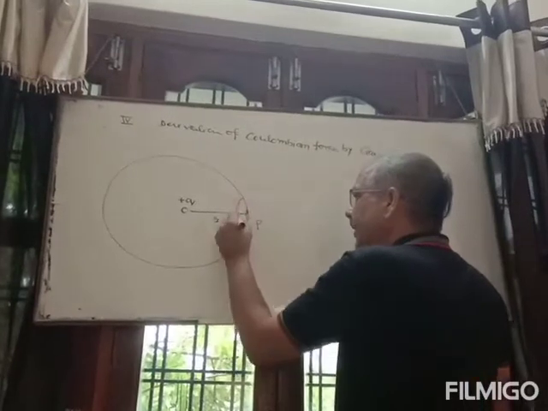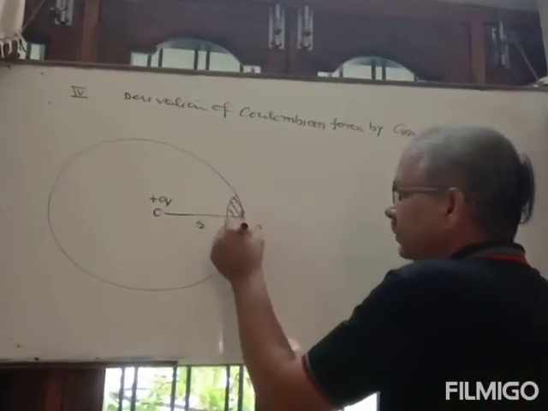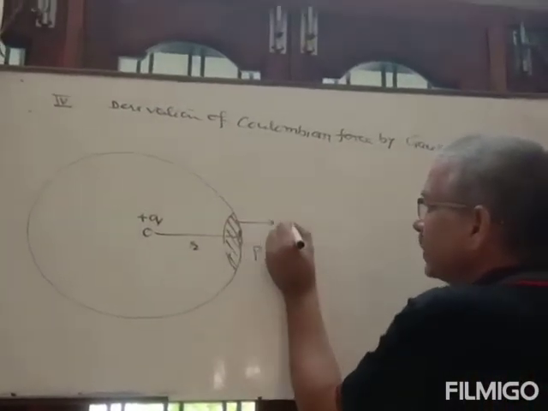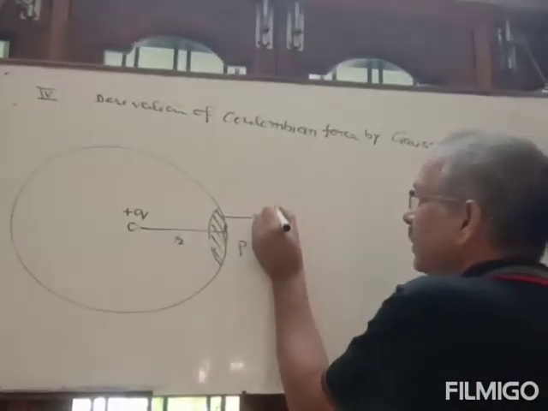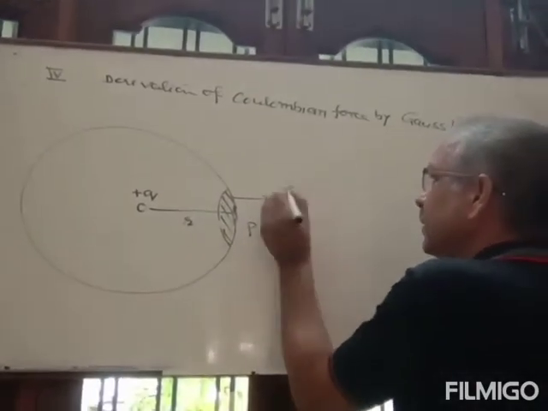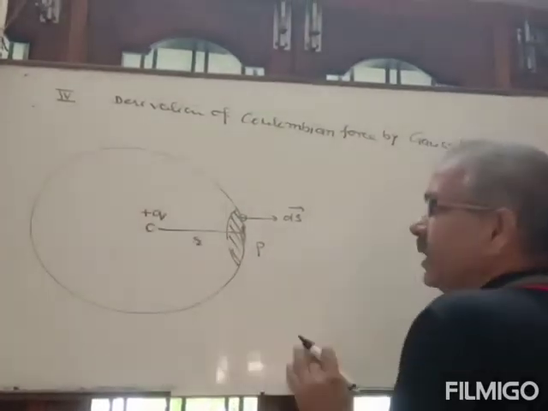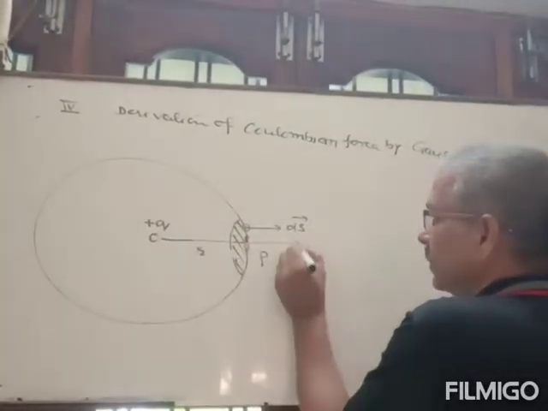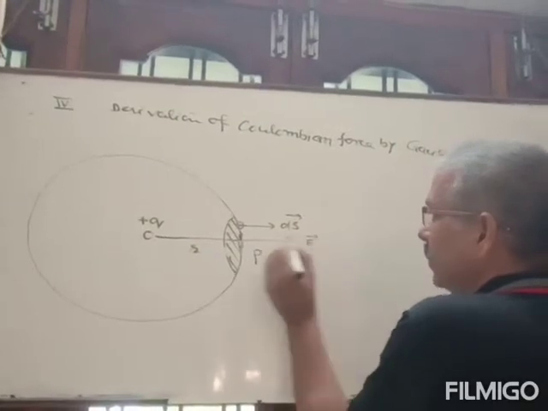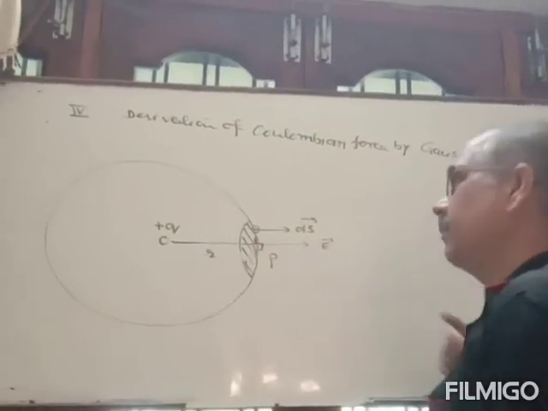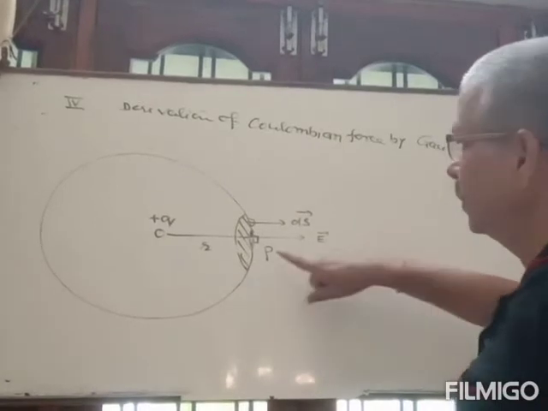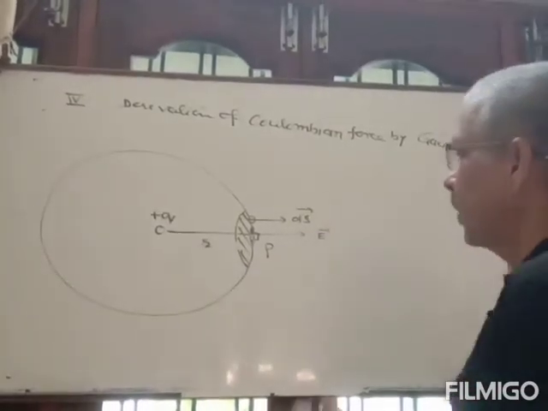Now we take a very small segment of area ds, and this area vector ds is perpendicular to the surface. And since it is positively charged, so electric lines of forces are also perpendicular to the surface of this Gaussian surface. So at point P, E and ds both are parallel.